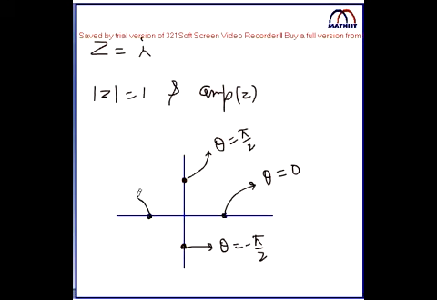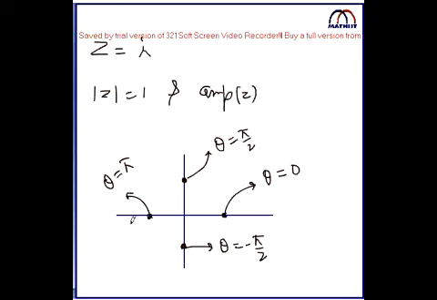If it's lying on this axis, you have to say theta equal to pi. So positive y-axis pi by 2, positive x-axis 0, negative y-axis minus pi by 2, negative x-axis pi.